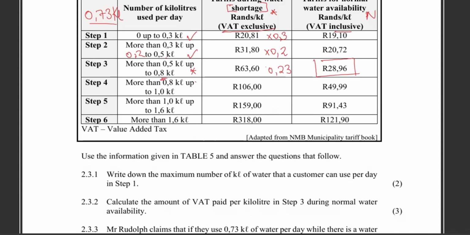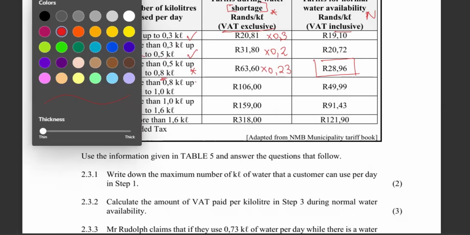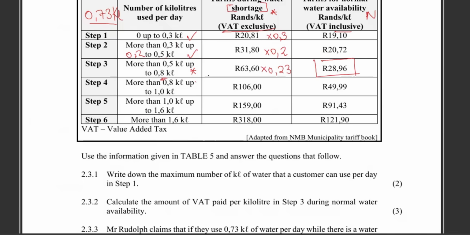So we are going to multiply and find out the money. Okay, we'll do it this way.